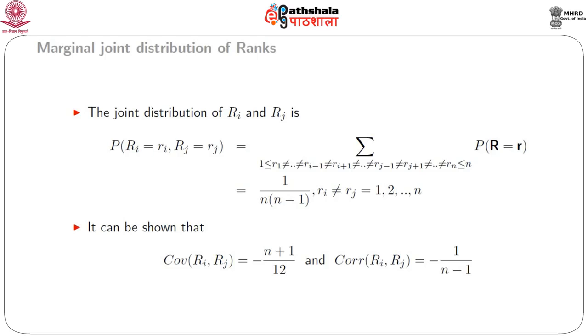The reason is that the sum of n ranks is nothing but the sum of the first n natural numbers, which is n into n plus 1 by 2. So, there is a negative relationship between Ri and Rj if the other ranks are kept fixed. So, we find that the correlation coefficient comes out as negative.